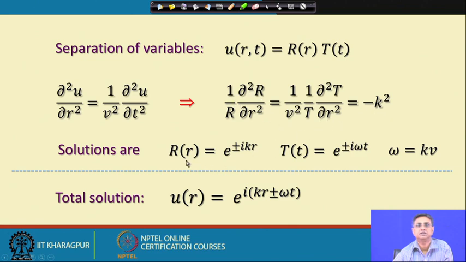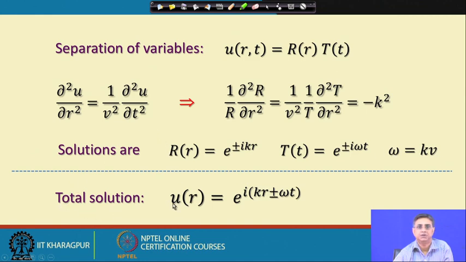This equation is again a well known equation whose solution is R of r equal to e to the power of plus minus i k r, and T equal to minus k square will give a solution which is e to the power of plus minus i omega t, where I have used omega equal to k into v, the frequency of the wave.